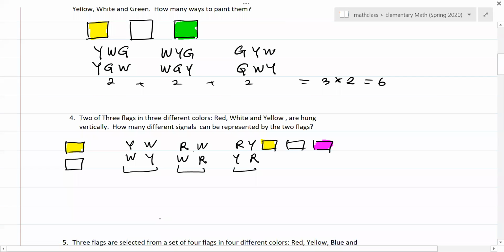Okay, each group, yeah. So our idea is you pick up 2 out of 3. Each time, yeah, then you switch the order. So you get 4, 4, and 4. And add them together is going to be 3 times 4, which is going to be 12. Right?